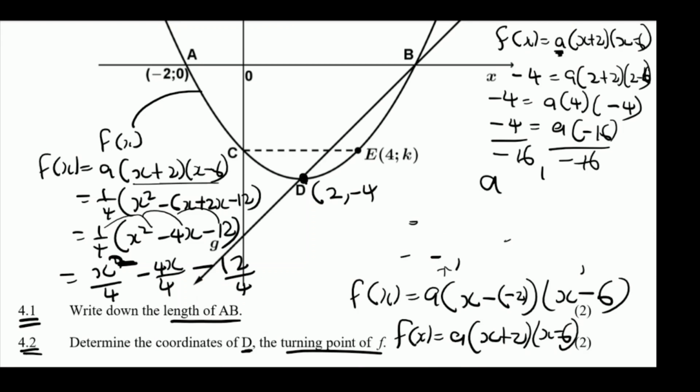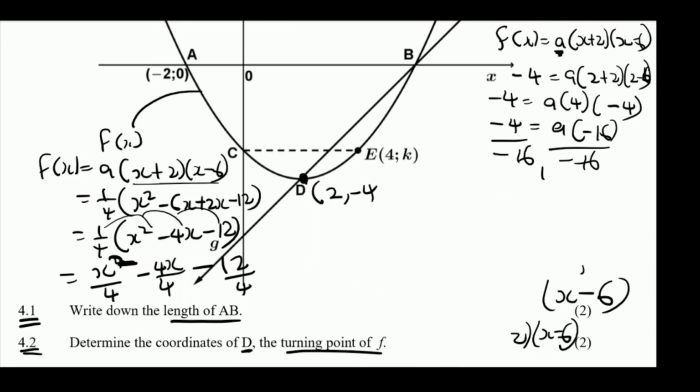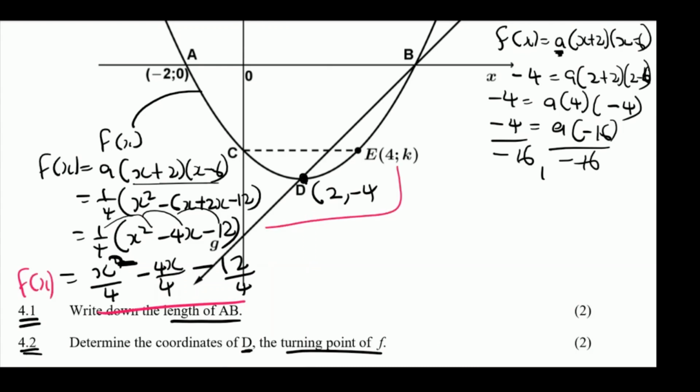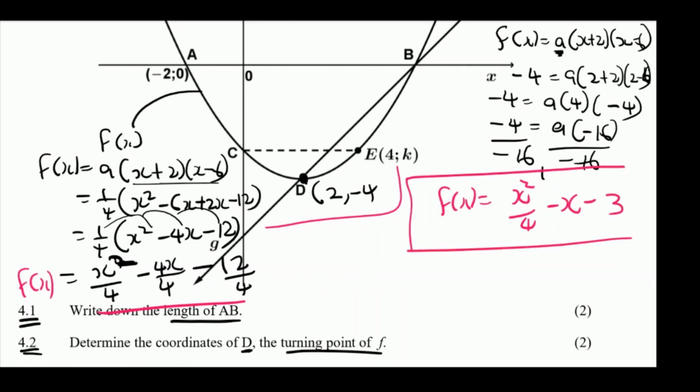I'm just going to write it here. So now we have this expression, which is f(x). The solution for this would be f(x) = x to the power of 2 over 4 minus x minus 3. So this is the solution of f(x).